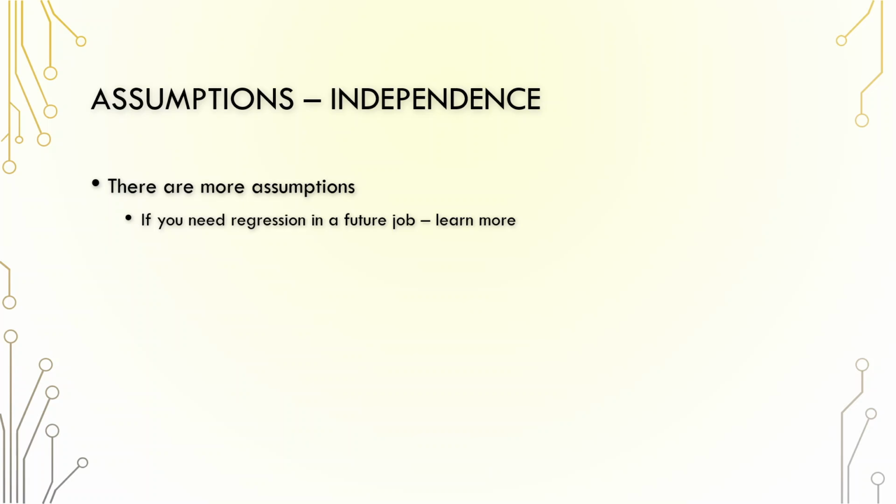So there are other assumptions about how the model's working that are important, and tests that you can run for those. I feel like they're a bit beyond the scope of this class. But if you find yourself in a position where you're using regression frequently, I encourage you to go learn them. ChatGPT is a pretty darn good teacher about these things, and you could say, hey, can you teach me about the assumptions of regression and how to test for them?